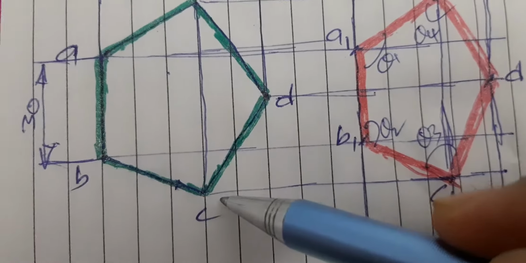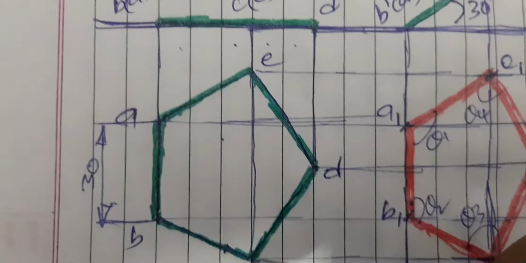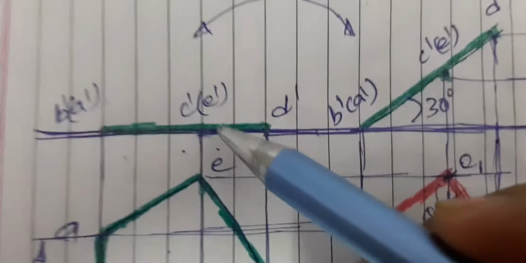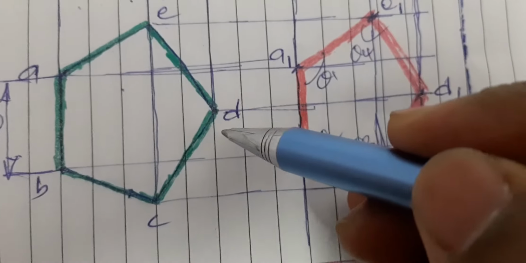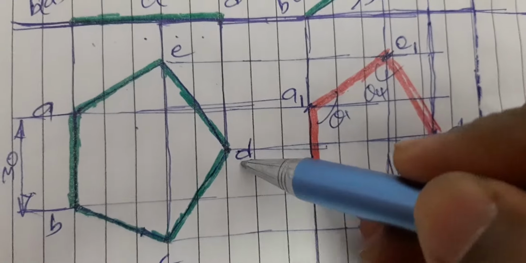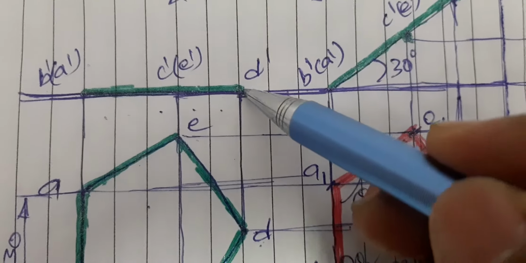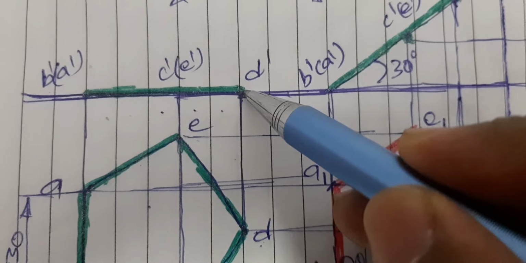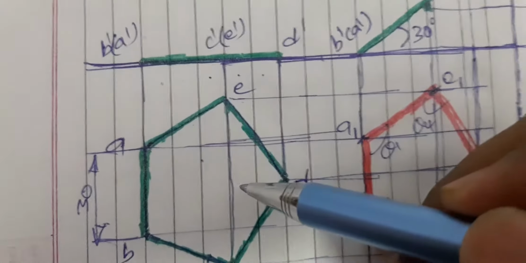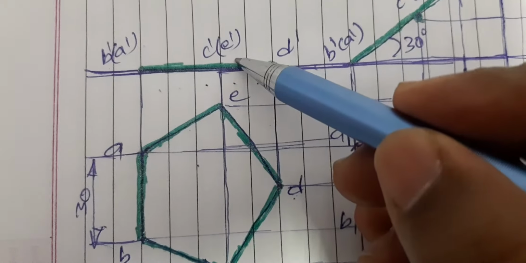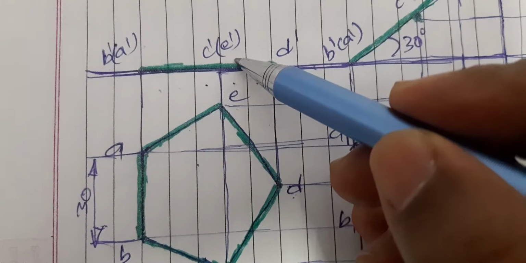Next here we see C and after that E, so I wrote here c' e'. In the same way, as you can see D here, the front view is written with a lowercase letter with a dash, d'. So we just completed the top view and front view of the pentagon when it is placed on the ground.